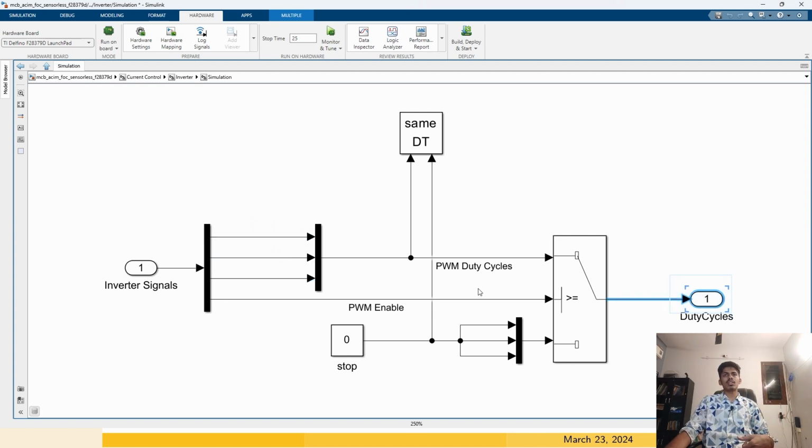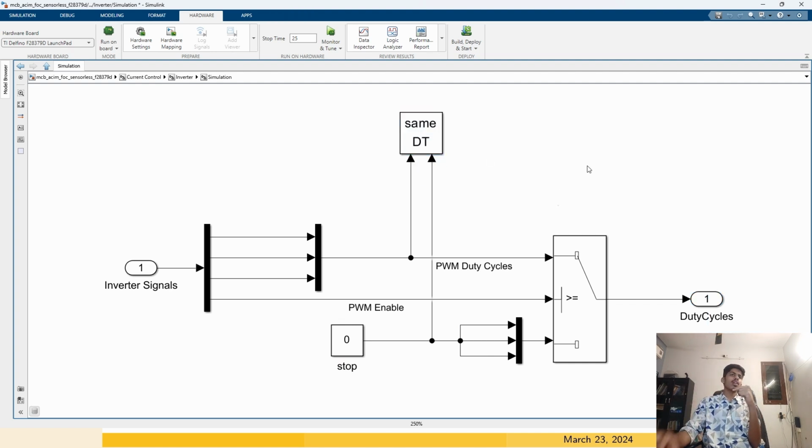So if the PWM input is enabled, we are virtually making the signals go through output port 1. If not, then 0 will go through the duty cycle, so the entire gate pulses will stop. It will be 0.